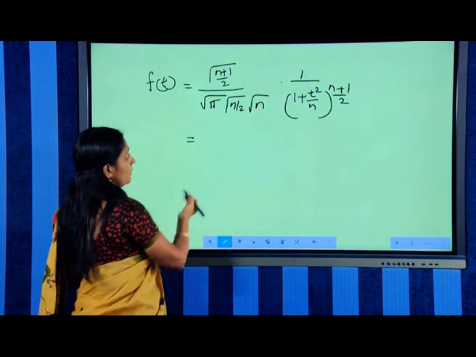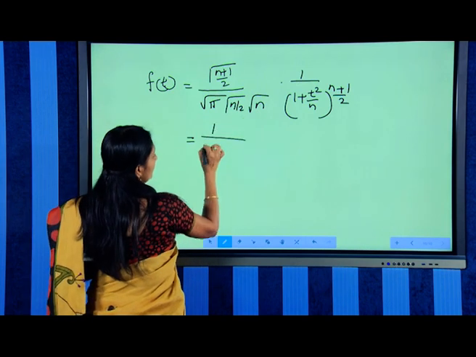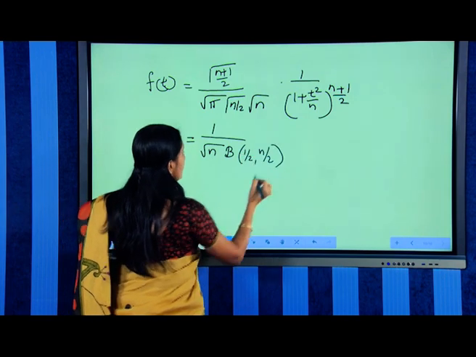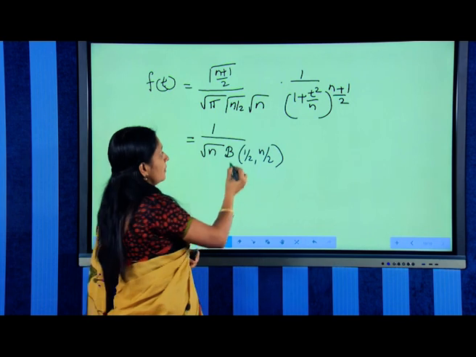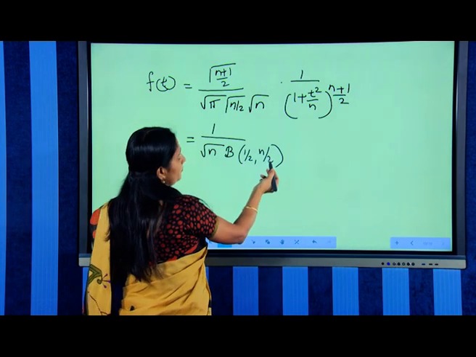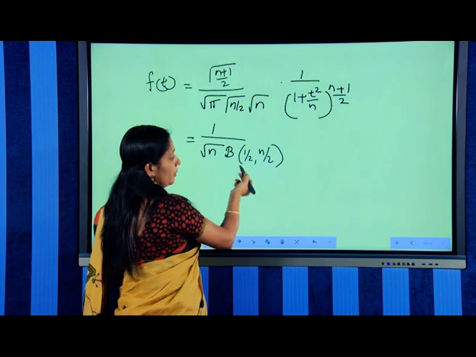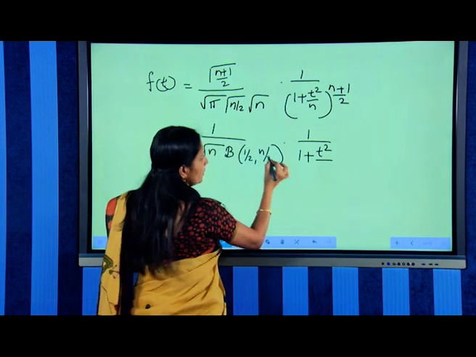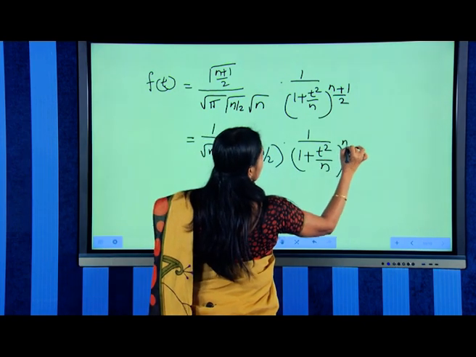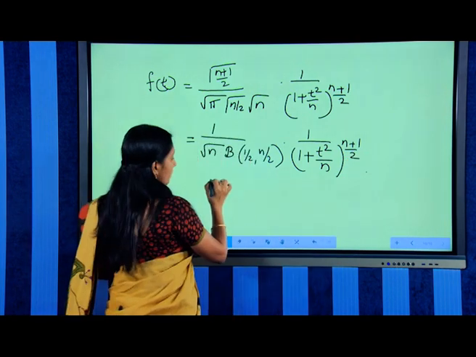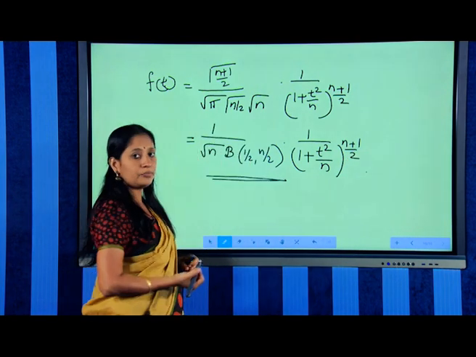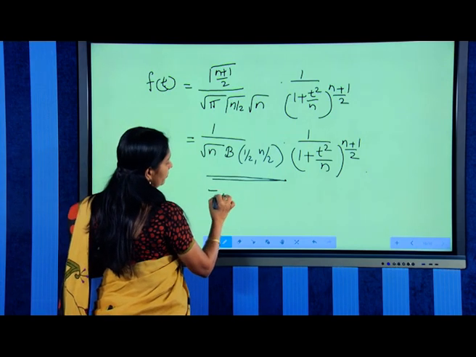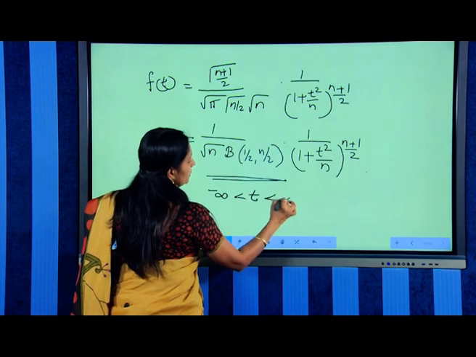This can also be written as 1 by root n into beta of 1 by 2, n by 2, since beta of 1 by 2, n by 2 is gamma 1 by 2 into gamma n by 2 divided by gamma n plus 1 by 2. So, this is the same as this term into 1 plus t square by n raised to n plus 1 by 2, and this is the density function of the student's t distribution, where t is from minus infinity to infinity.